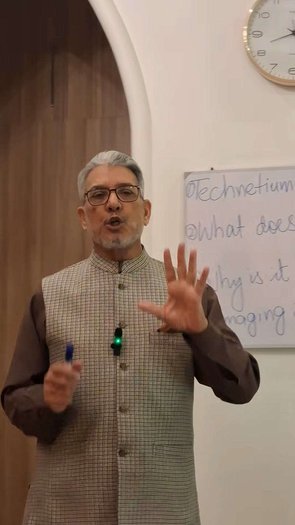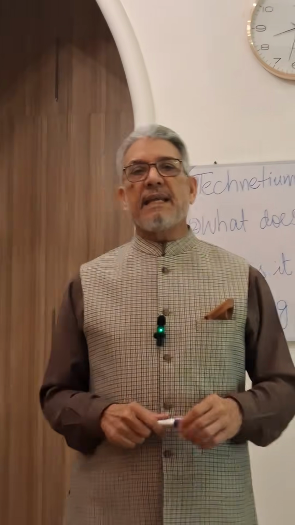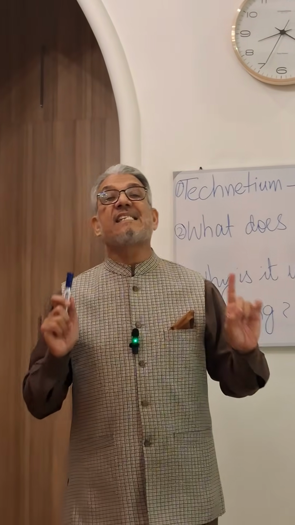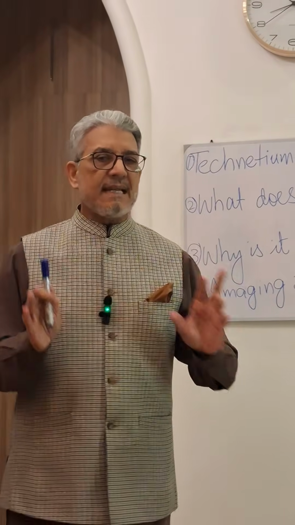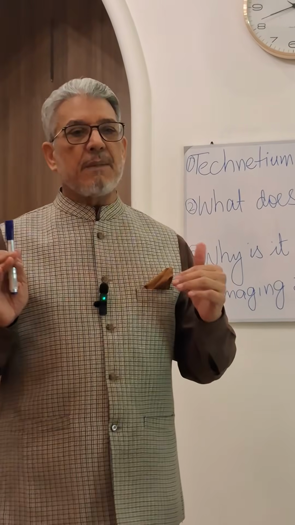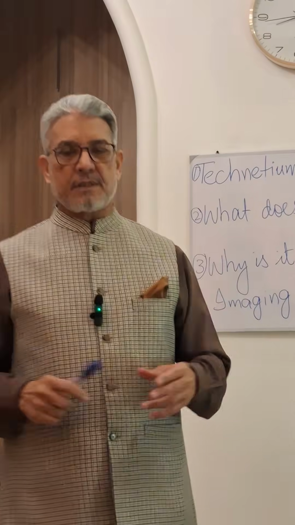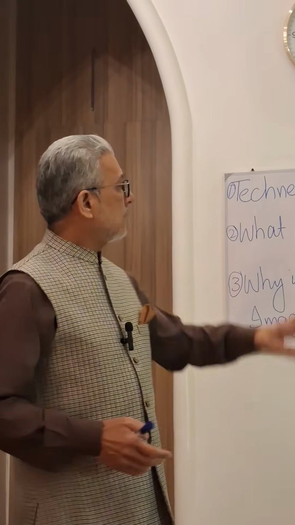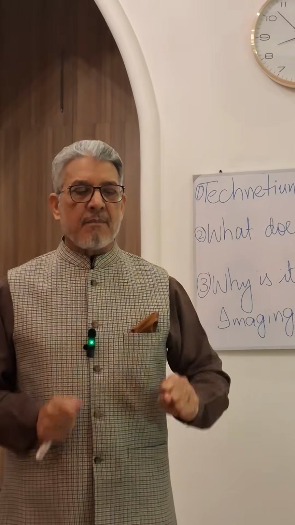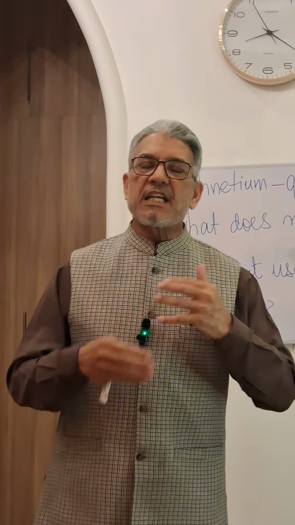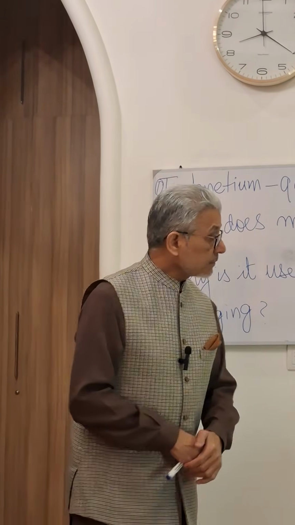It has been produced artificially. This element was produced in 1937, about 90 years before, and its name comes from a Greek word technetos, which means artificial. Therefore, Technetium-99m is an artificially produced element.